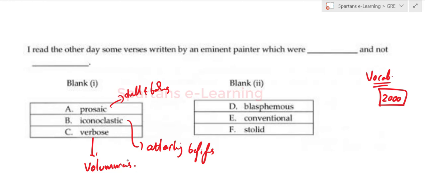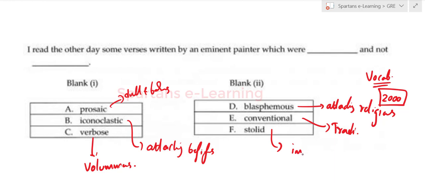So that is verbose, where you speak too much, right? Blasphemous means something you say that is insulting God or religious beliefs. So again it is something like attacking religious beliefs. Conventional means it is traditional. Stolid means impassive, or stoic, right?